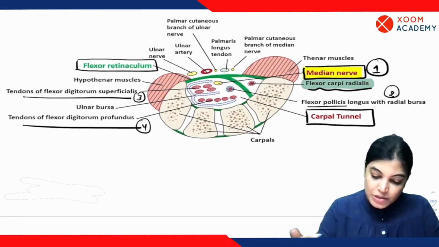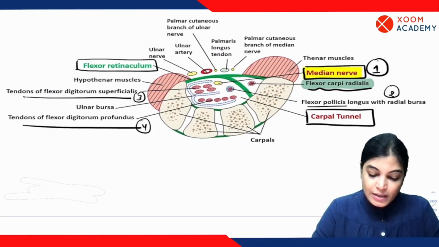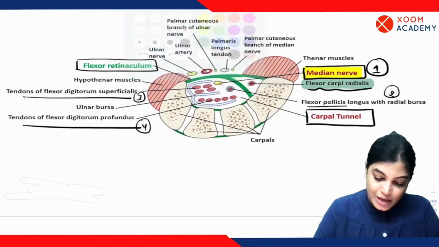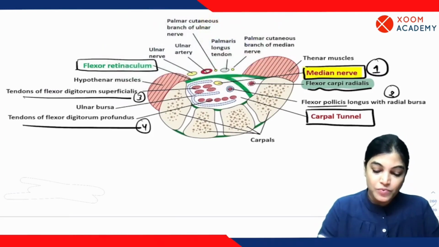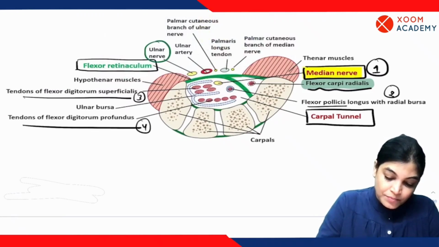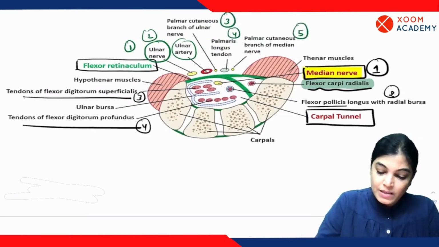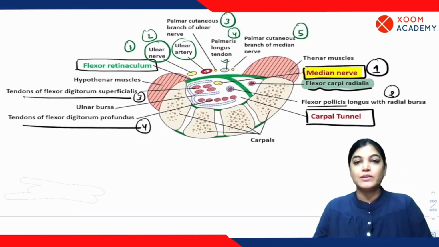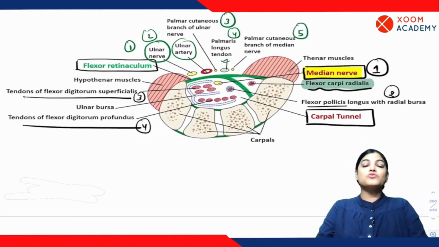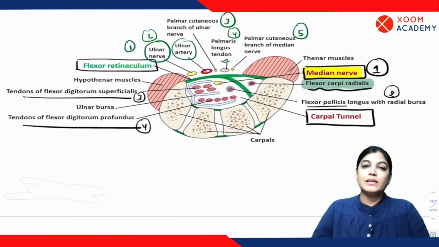Now, superficial to it, we have the ulnar nerve and ulnar artery traversing. From medial to lateral, we have the ulnar nerve, the ulnar artery, and the palmar cutaneous branch of ulnar nerve. In between the palmar cutaneous branch of ulnar nerve and median nerve, we have the palmaris longus tendon. So these five structures are passing superficial to the flexor retinaculum.